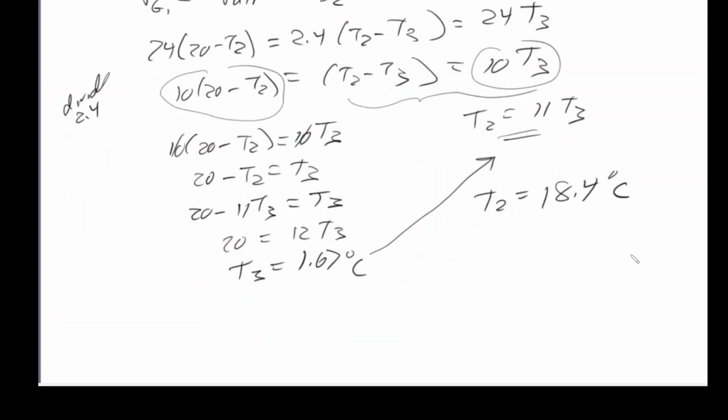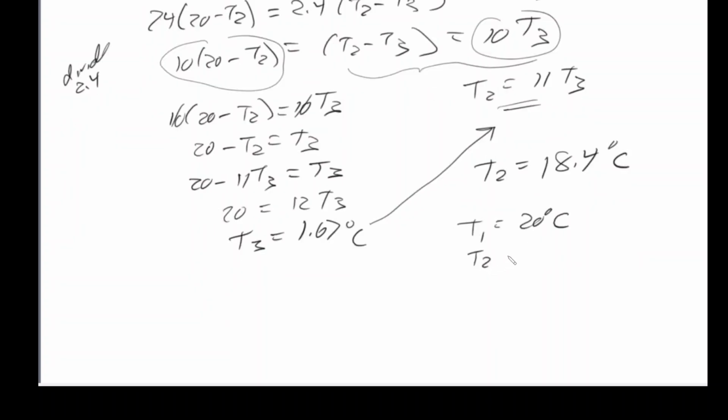So now we have T1 is equal to 20 degrees Celsius, the inside temperature. T2 is equal to 18.4 degrees Celsius. T3 is equal to 1.67 degrees Celsius. And T4, which is the outside temperature, is equal to 0 degrees Celsius.